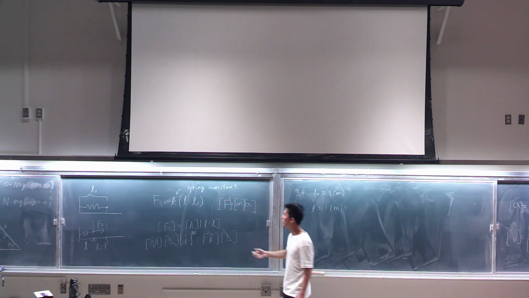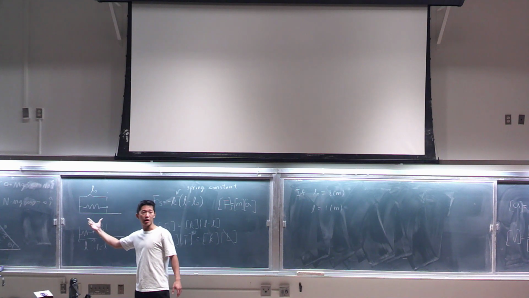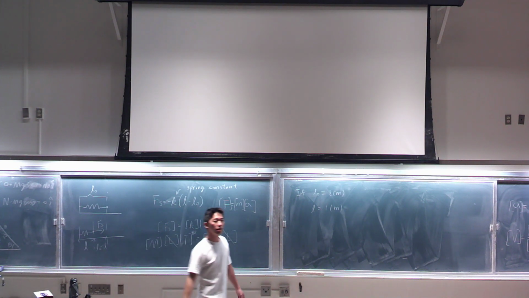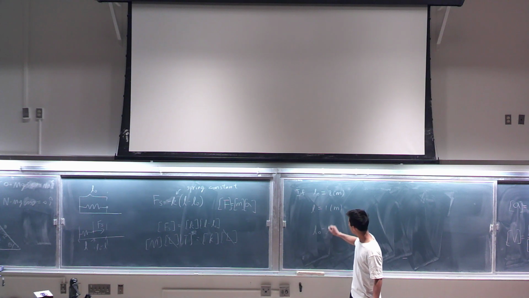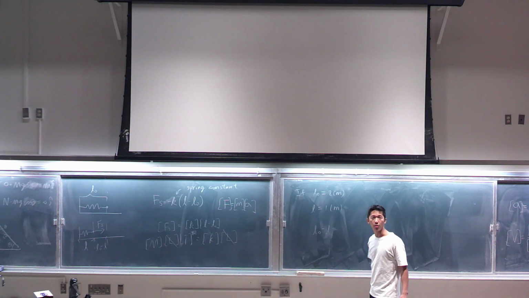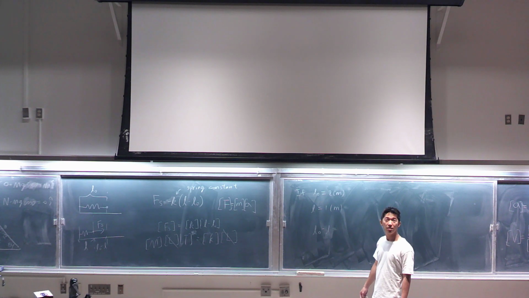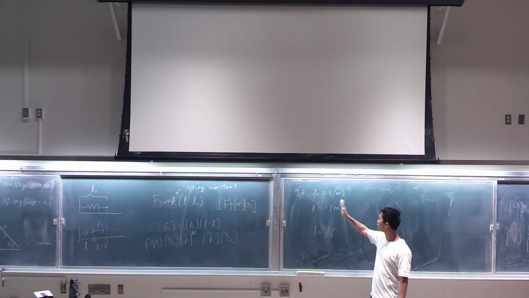Originally it is longer, it's 2 meters, and then we compress it until it's 1 meter. So the amount of distance that we compress will be how long? If we compress it from 2 meters to 1 meter, how much do we compress it? 1 meter. Good.